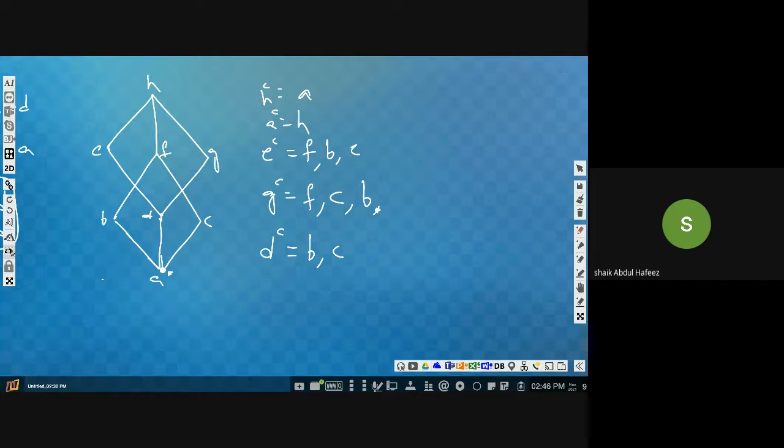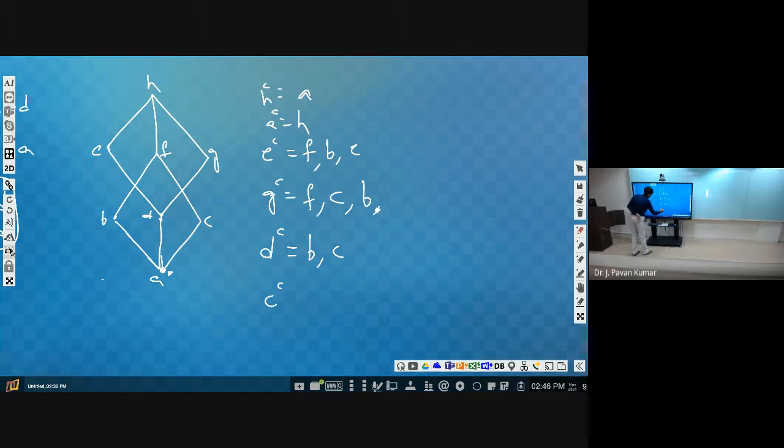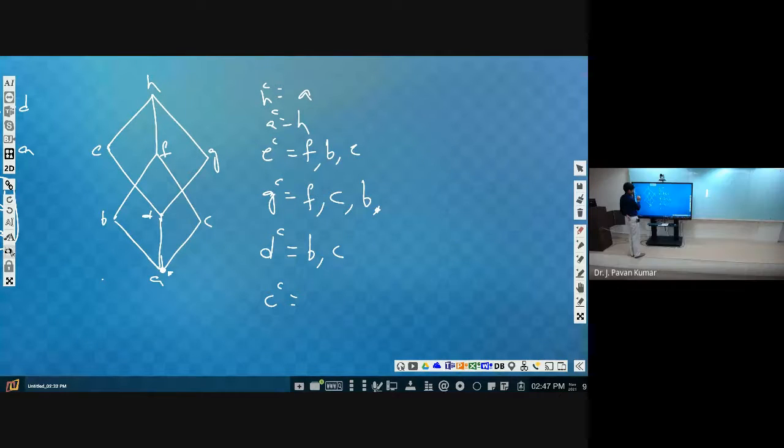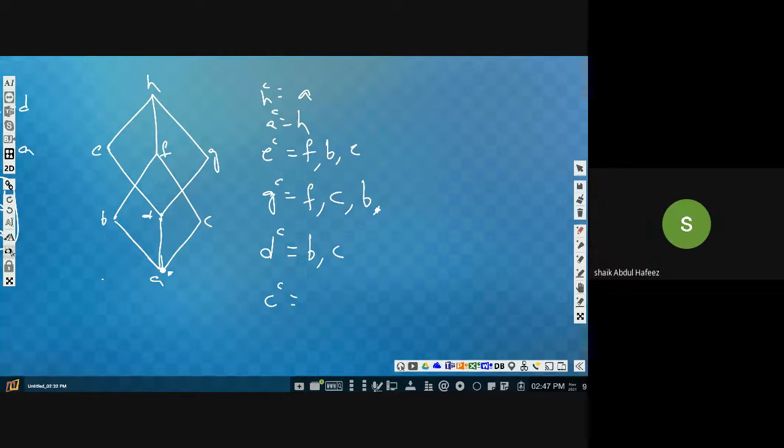Next, C complement. Of course, it will contain E definitely. Can we consider F? No. Can we consider G? Yes.